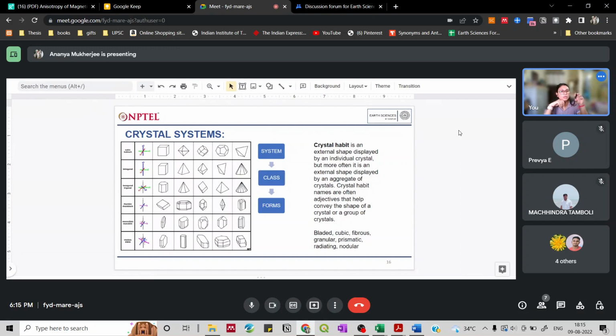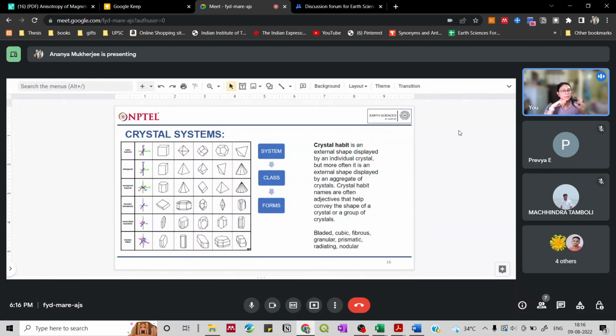Suppose you have a lot of cubic crystals, and they are accumulated together and entirely they are forming a mineral. A mineral is present with all the different cubic crystals. Now, one particular crystal is cubic in nature, but when you look at it, you will find that it looks granular. It looks like there are small grains of these crystals. That is called a habit.